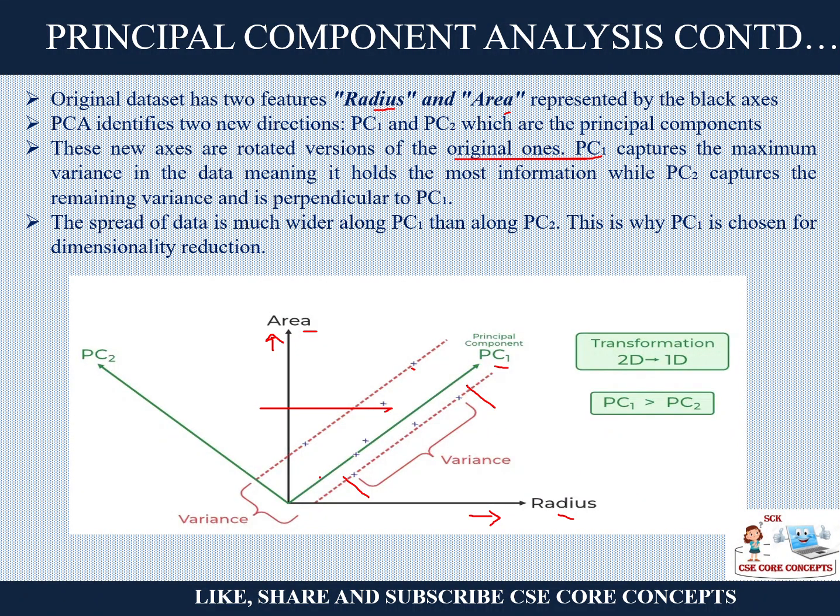Principal component 2 is capturing very little variance. Which is capturing more variance? Obviously principal component 1. The spread of data is much wider in PC1 than PC2. That is why PC1 is chosen for dimensionality reduction. So instead of writing area and radius, if I use principal component 1, it is enough to understand these two features.